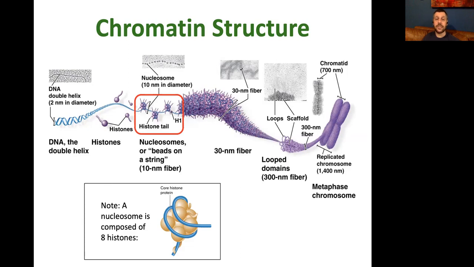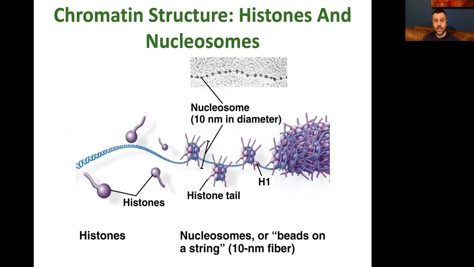And transcription factors can recruit proteins that are going to do that loosening of this structure. We're going to talk about histone tails specifically in a minute as one way that they do that. So we're going to focus on these nucleosomes and the DNA that's wrapped around them, and how that can change when a gene needs to be transcribed.